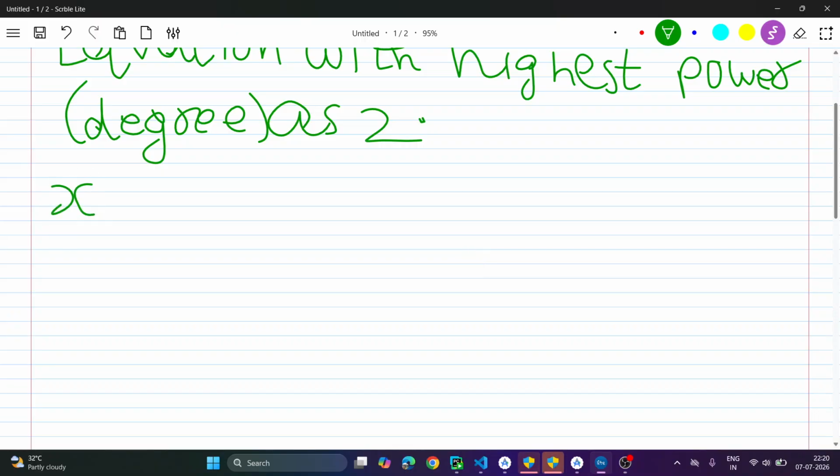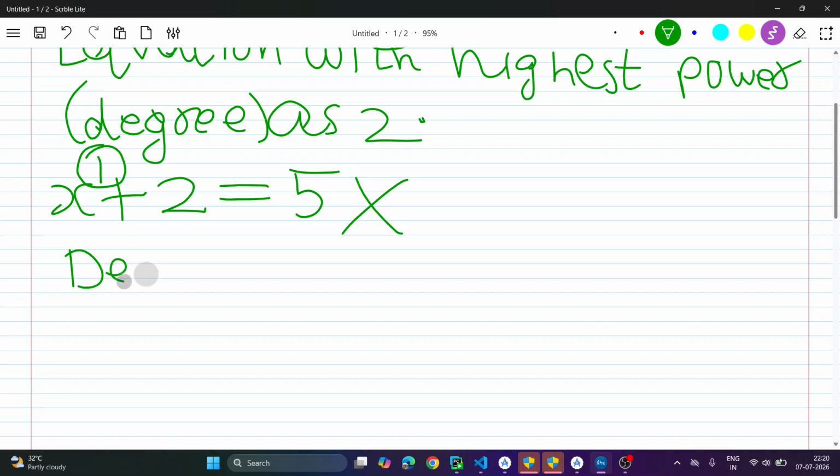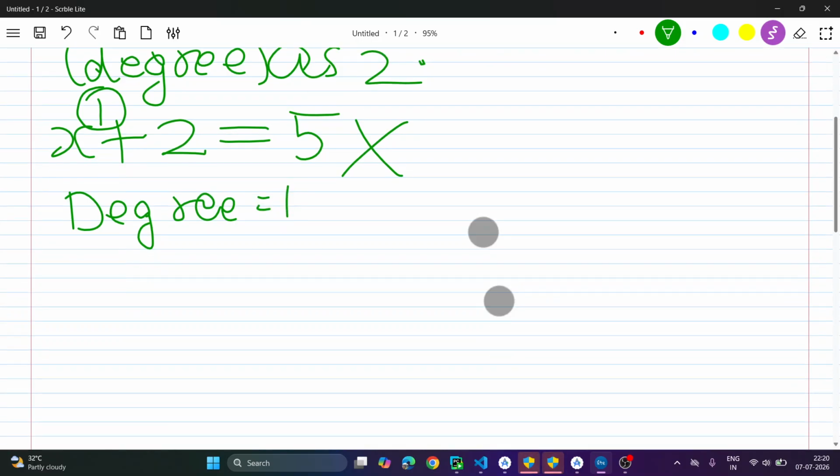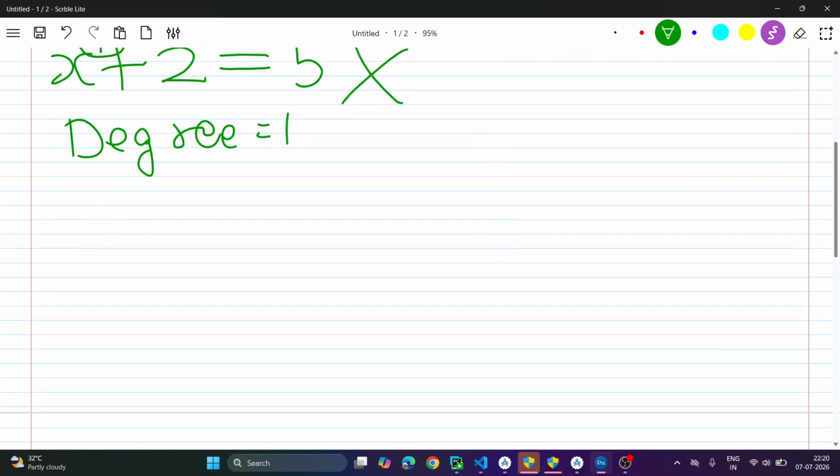So let's look at a few examples. x plus 2 equals 5. Is it a quadratic equation? No, because the degree is 1. And then x squared plus x plus 2 equals minus 3.